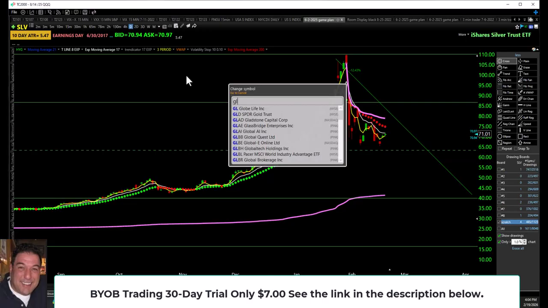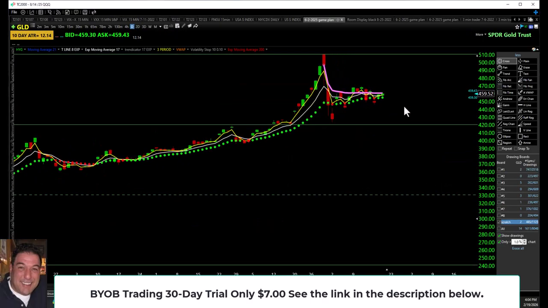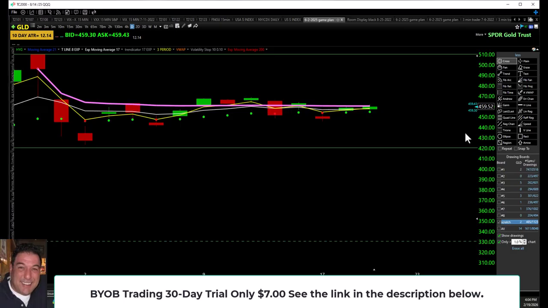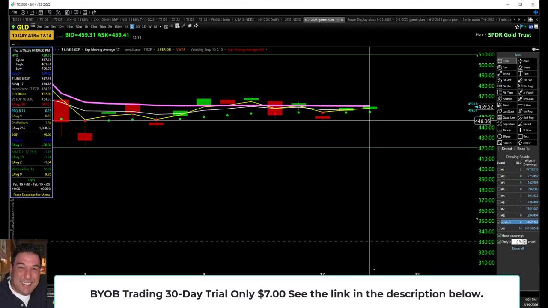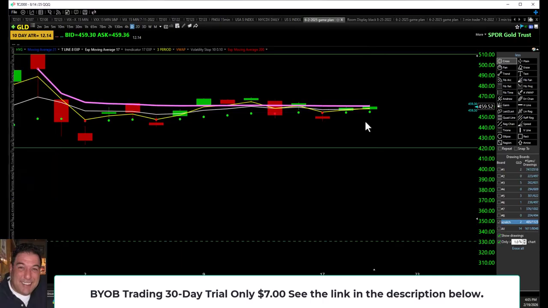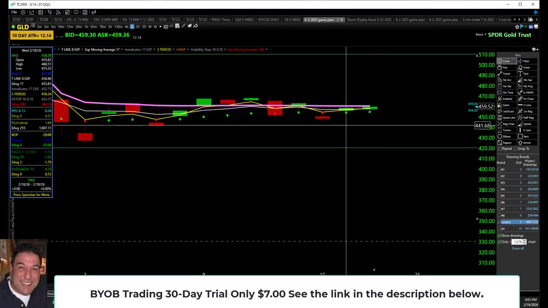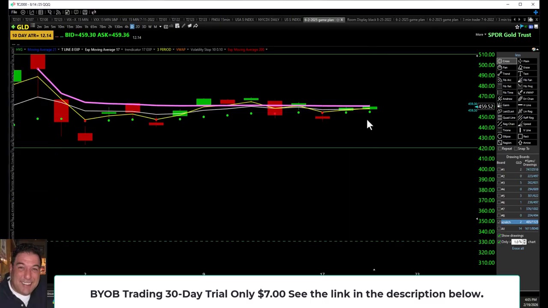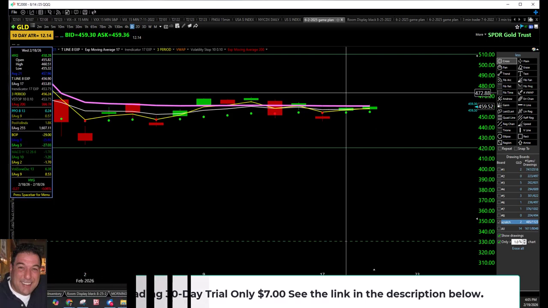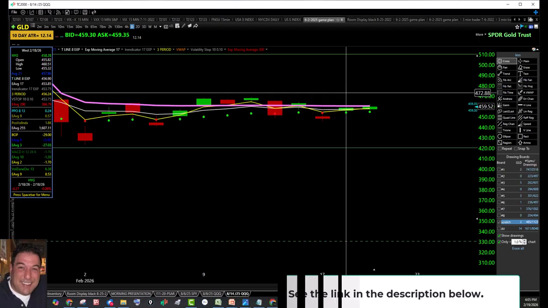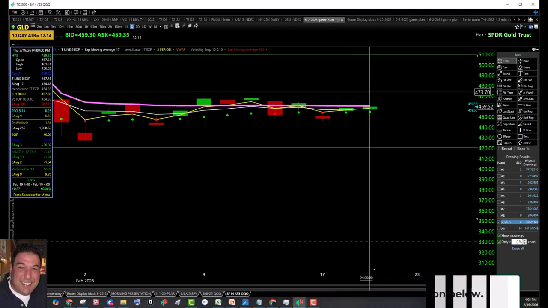Let's take a look at gold. There's a low there, 56.03. The low there, 55.32. So that's a higher low. High there, 60.51, high there, 61.